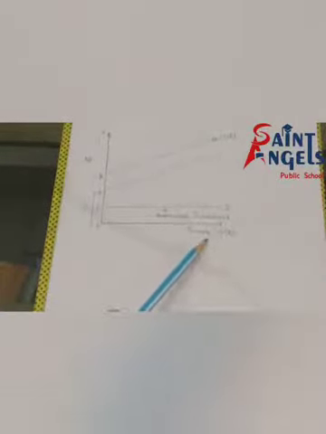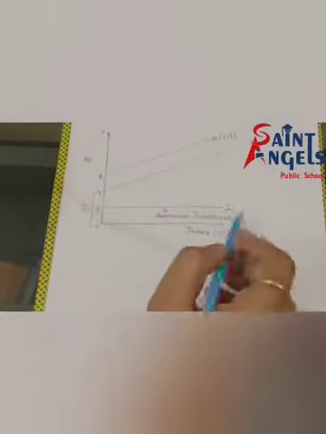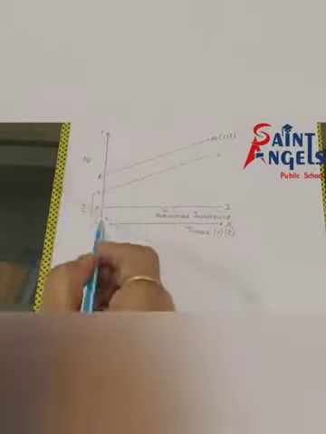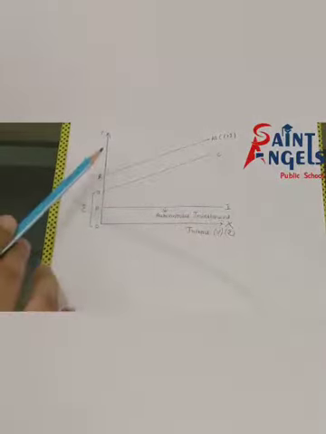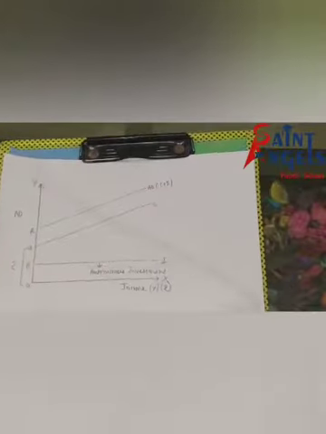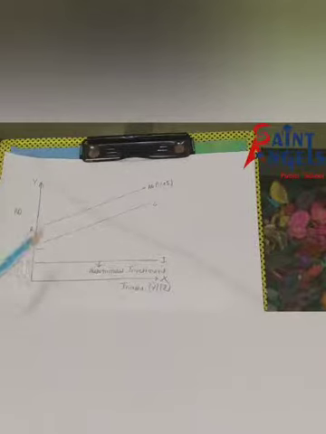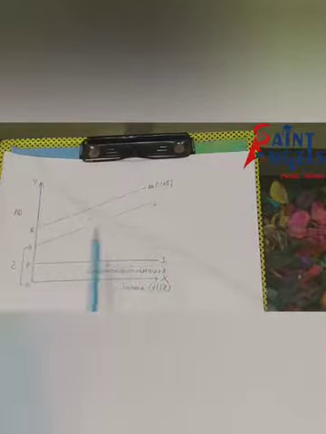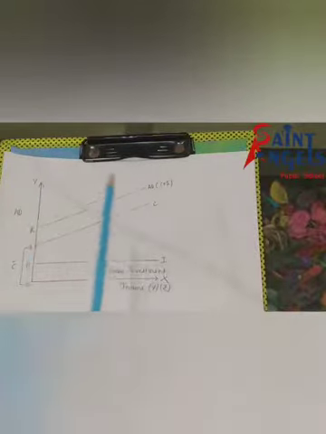You will take income on the x-axis, and aggregate demand on the y-axis. Listen carefully. See, this is the investment line, this is the consumption curve line, and this is the aggregate demand line.